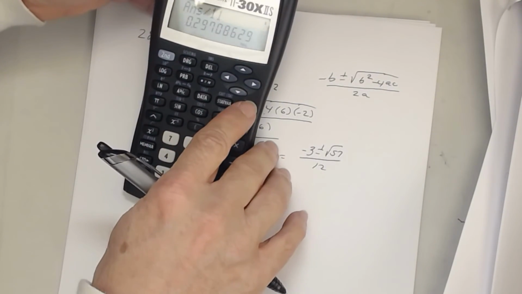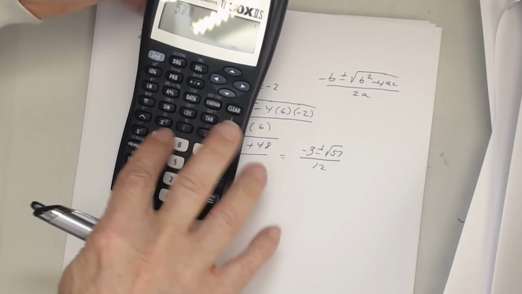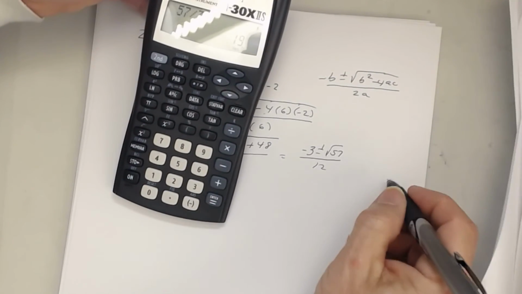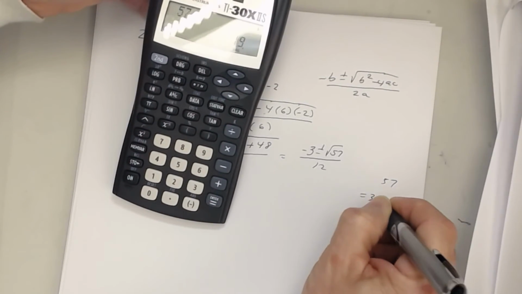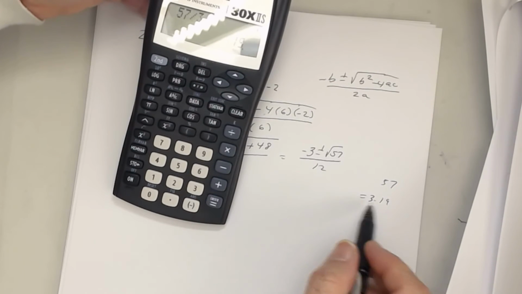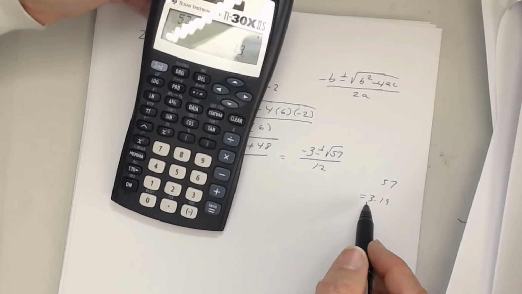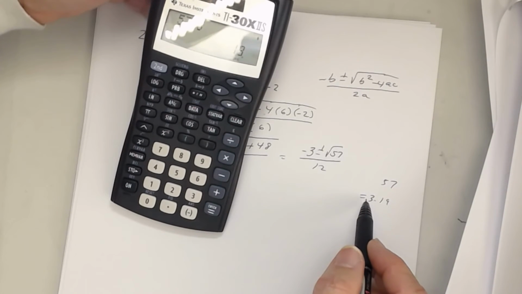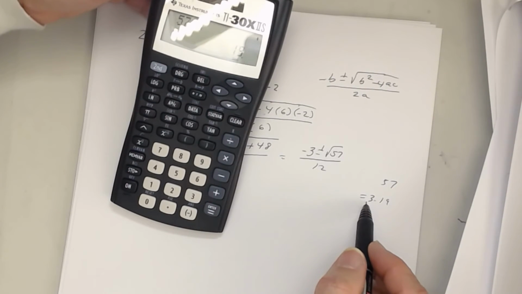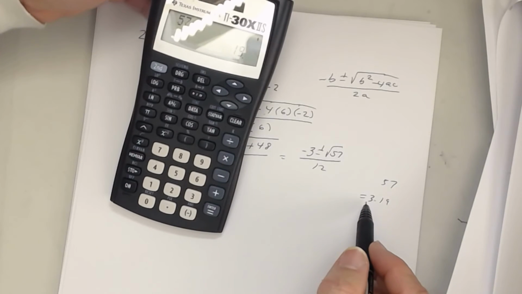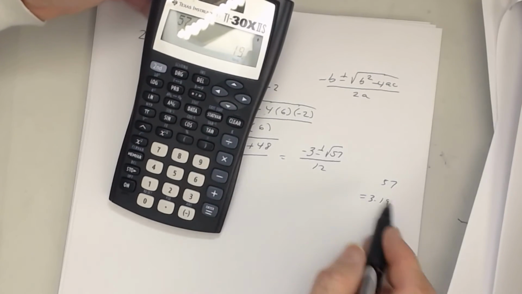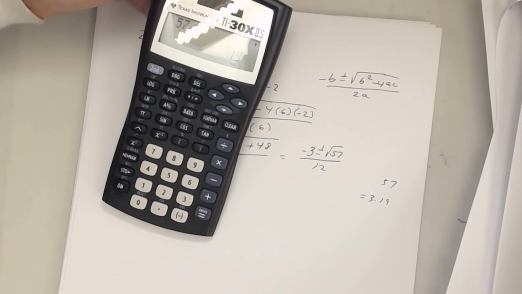Although I know 3 is not a perfect square, let's see what happens. 57 divided by 3 is 19. So you agree that 57 is 3 times 19? And both of those are prime. So there's no way I can simplify this using a square root, because 3 and 19 are prime. None of them is a perfect square. All right, so that's all I do there.